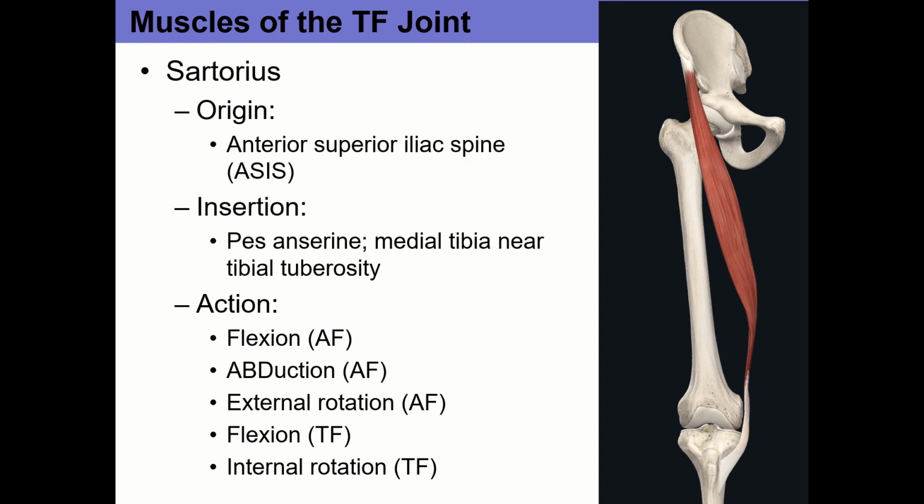You can get 4 of its 5 actions, as I mentioned previously, if you cross one leg over the other: hip flexion, external rotation, abduction, and knee flexion. The only one you probably didn't do is internal rotation of the knee. So it does 5 different things. It's not really strong in any of them, but it does do 5 different things.